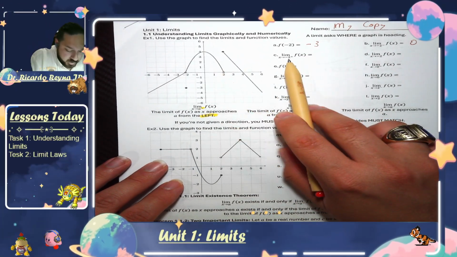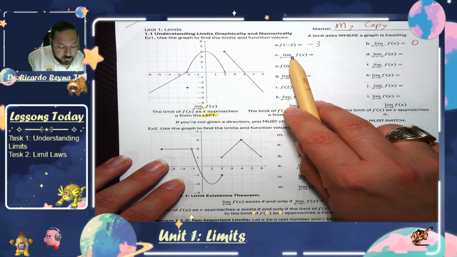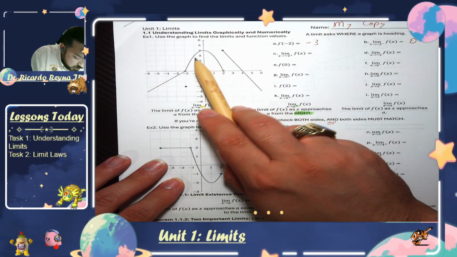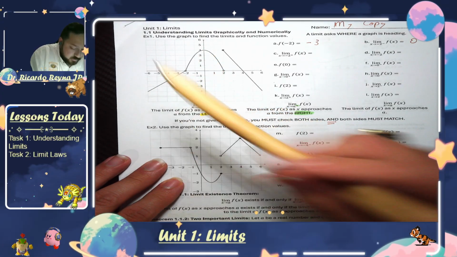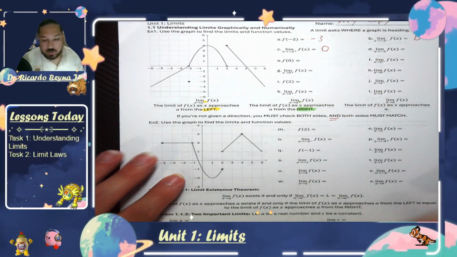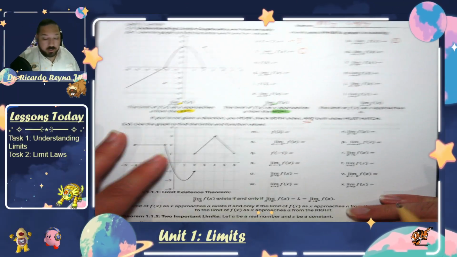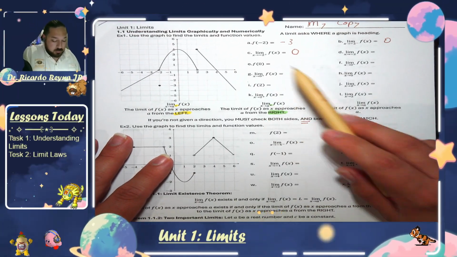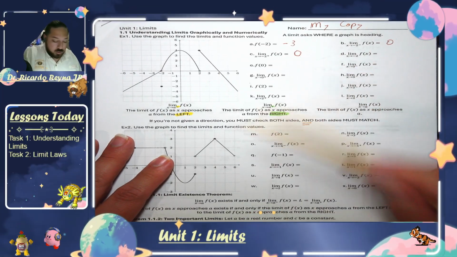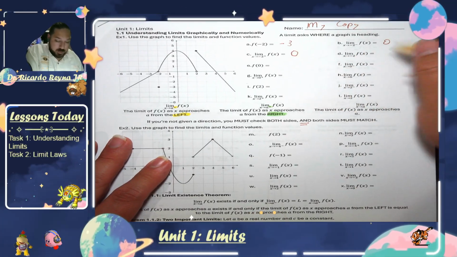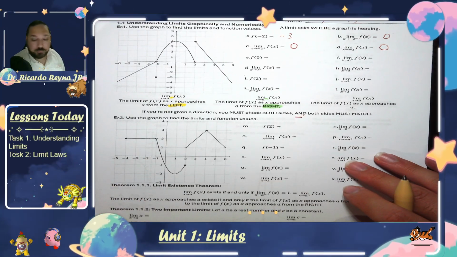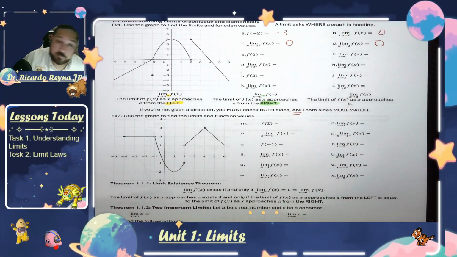How about as x approaches -2 from the right? Well, we're going to go along the lines from the right, and right as it approaches -2, it also seems to coincide with 0. So what is the limit? Well, the limit is both sides, and both sides must match. Here, we check from the left and from the right, and it is 0, so the whole thing is going to be 0. Does this always happen?